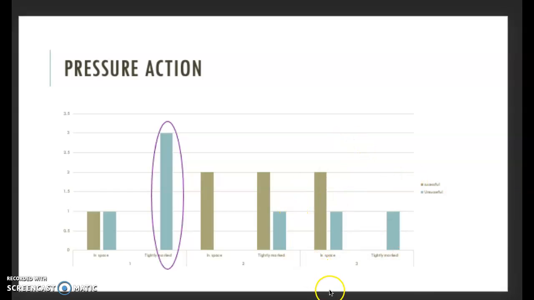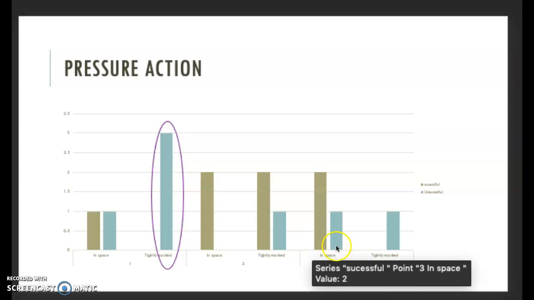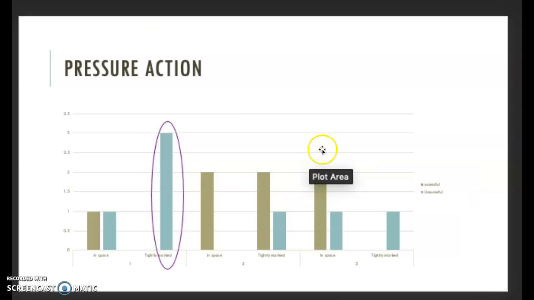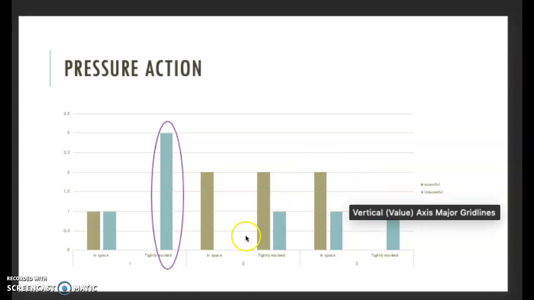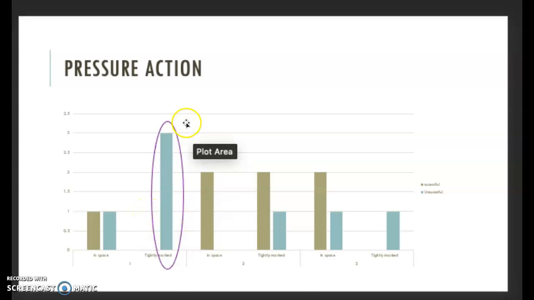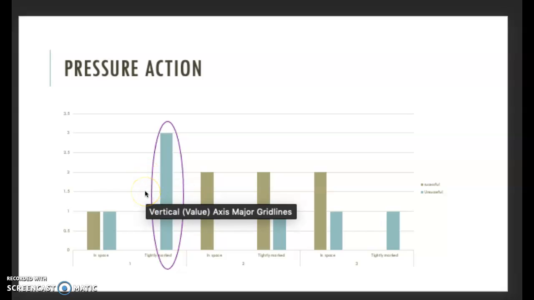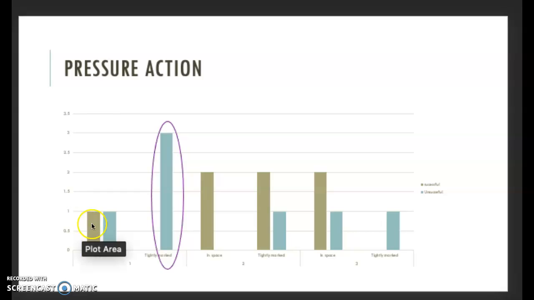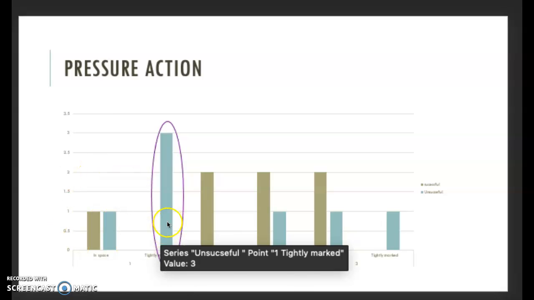So as you can see here, they were quite successful passing into space and when they had space. But in zone 1, they were most successful when they were tightly marked. It says that it was quite congested in the middle zone and the 1 zone.